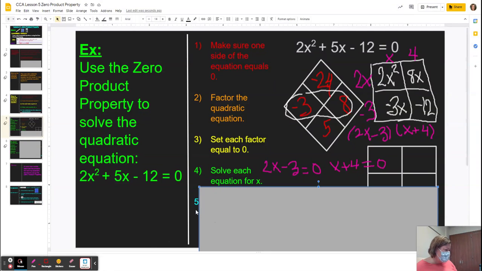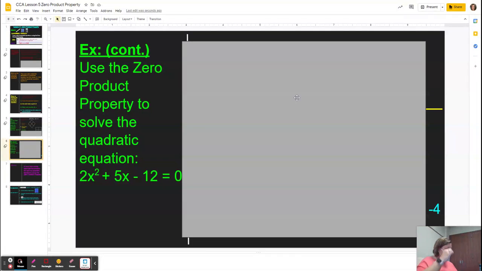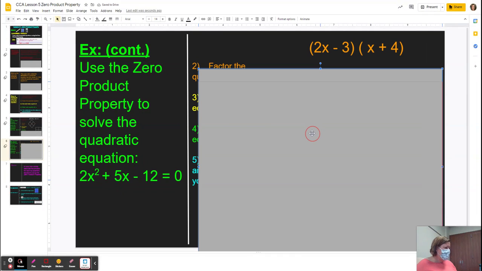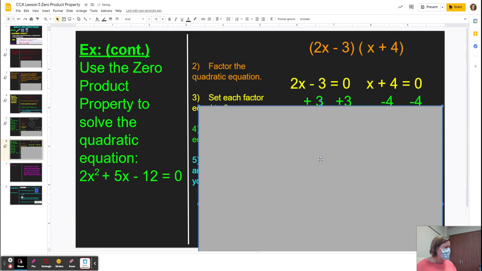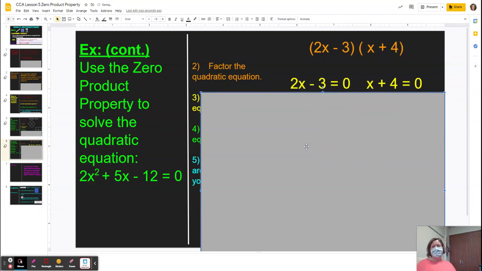Let me check real quick. I'll put it back on that. Yeah, so there's our 2. So we factor the quadratic. We're going to set each term equal to 0 and then solve. There you go. It's right here.